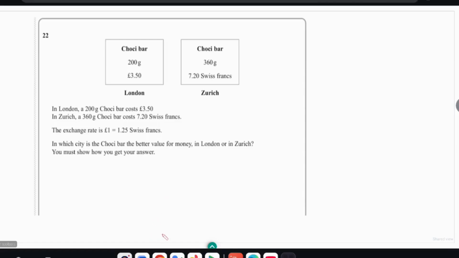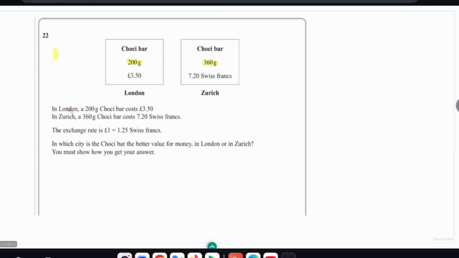Right, so as well as the costs being in different units, there's also a different amount of chocolate bars. We need to get the chocolate bar the same first. We've got 200 grams and 360 grams. I think I'm going to compare 100 grams of each.